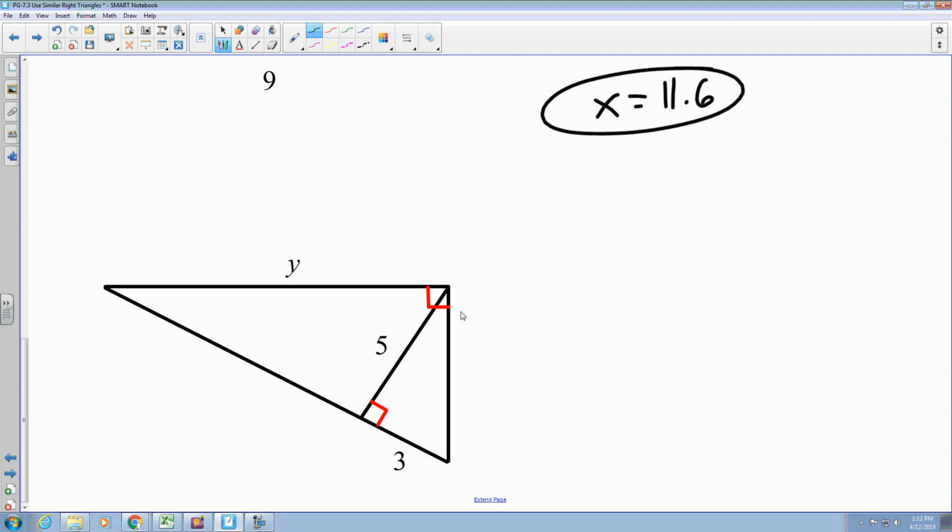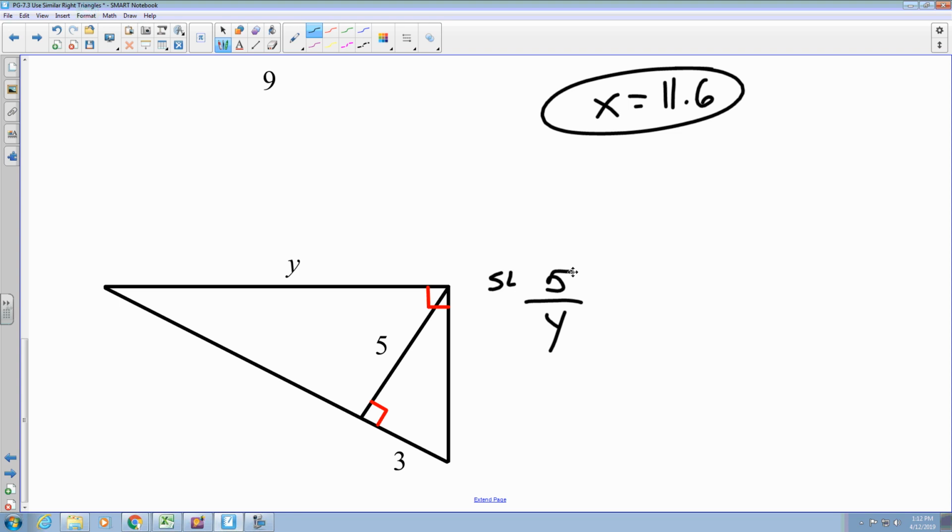Looking at this final example, looks like I'm going to use the two triangles that are in the inside of the big triangle. So looks like I have 5 over y. And in this case, we're looking at 5 is the short leg.